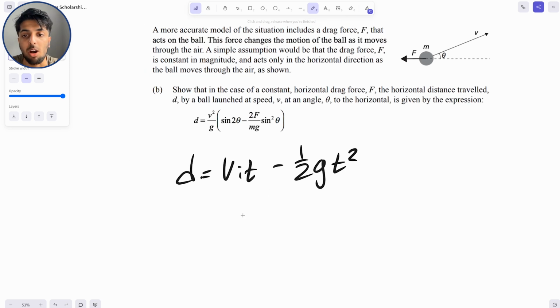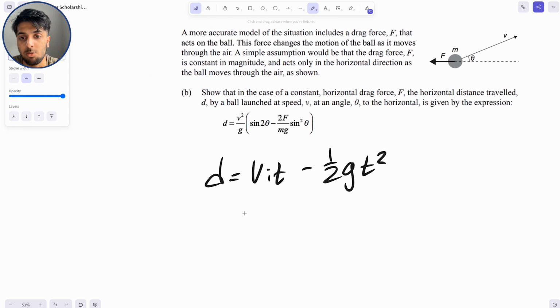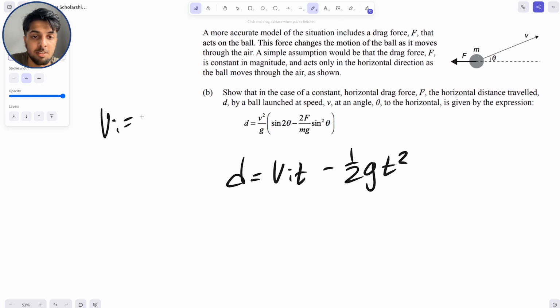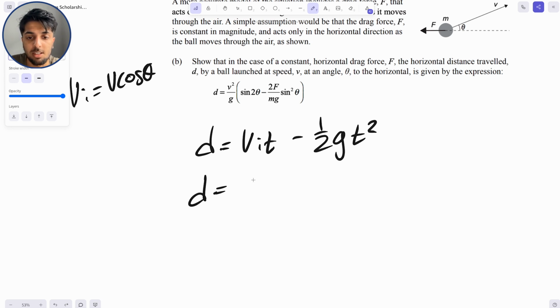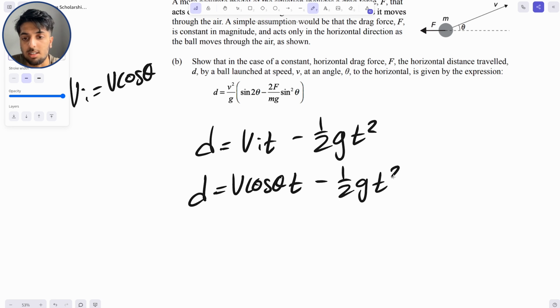There we go. Now our velocity initially, v_i, will be v cos theta, as we're only worried about the horizontal component. So that would be v cos theta t minus half g t squared.